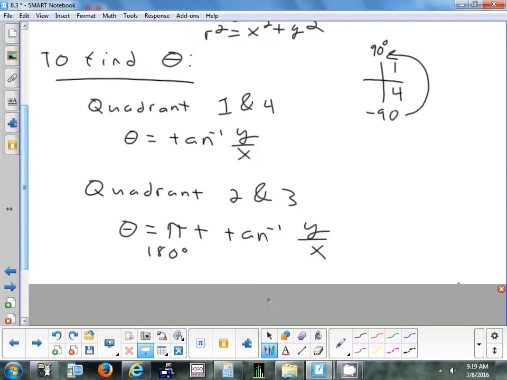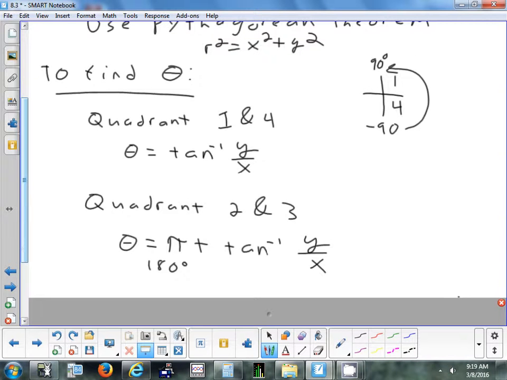Now, is there any other case you could have besides being in a quadrant? You could be on an axis. Let's look at what happens for any coordinate on the positive y-axis. If I wanted to write the coordinates of that point, what's the x value?